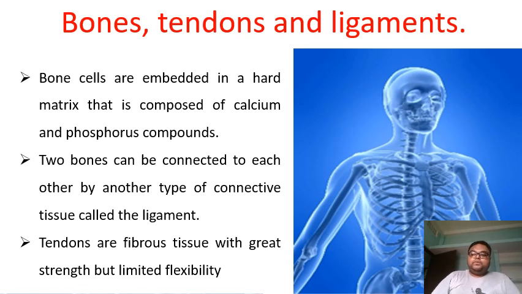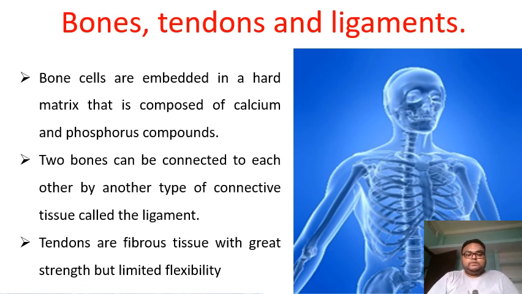We have seen that for a tissue to be called a connective tissue, it needs to have a matrix, isn't it? Like in the case of blood, the plasma was the matrix, and in the plasma there were different types of cells like RBC, WBC, platelets.